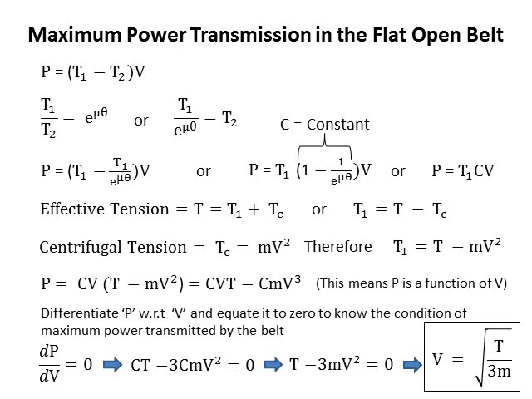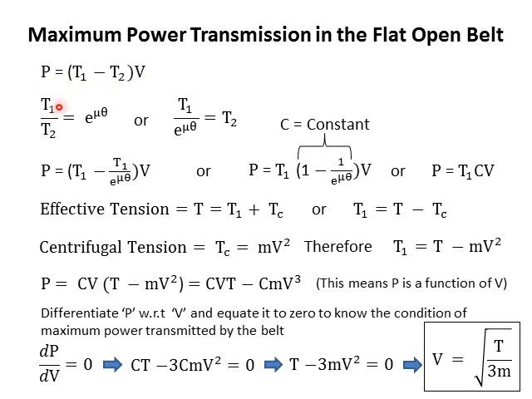So the first equation that we are going to use here is the power formula. P is the power, which is equal to the tension in the tight side minus the tension in the slack side, multiplied by the linear velocity v. This is the general formula for power.